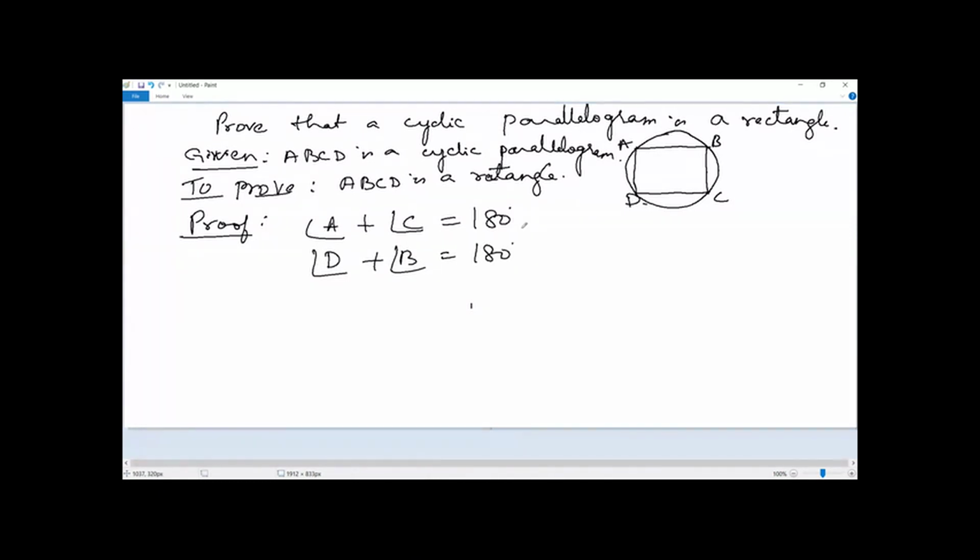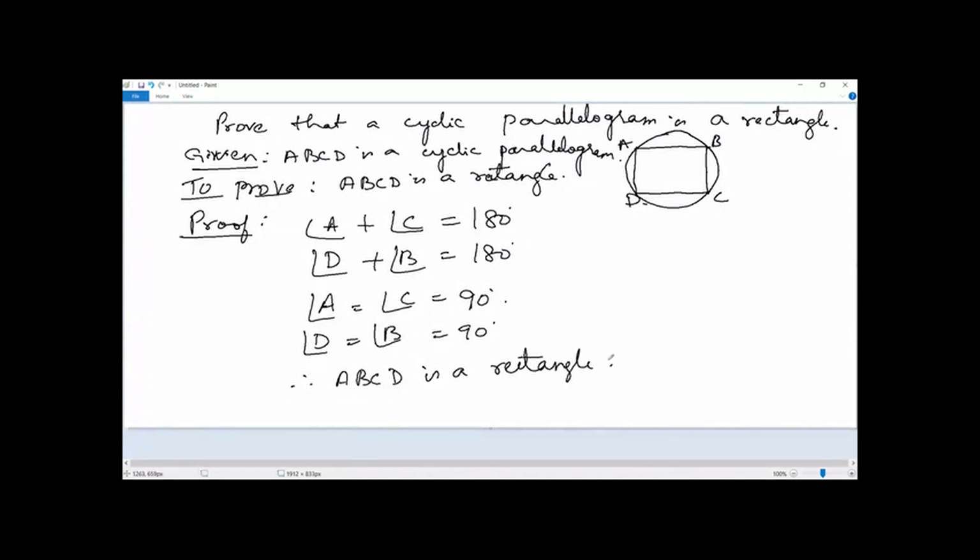So angle A equal to angle C. Angle A plus angle A equal to 180, angle A equal to angle C equal to 90. Angle D equal to angle B equal to 90. Therefore, ABCD is a rectangle. Correct? Yes, ma'am.